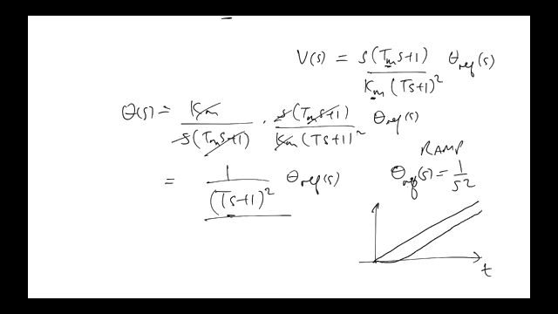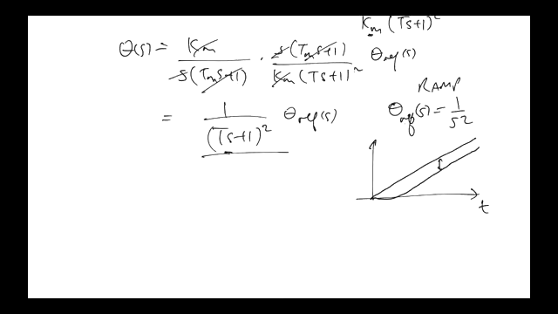Okay? So it doesn't follow it exactly, it follows the ramp reference with some error. Okay? So really what we're saying, so this is theta t, and this is theta ref t.